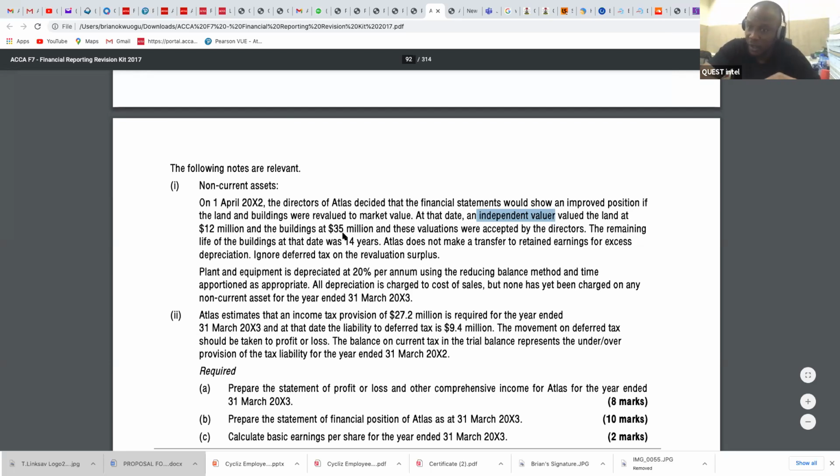If we go back to our conceptual framework, it is about relevance, it is about faithful representation. Those are the two. What are our fundamental characteristics? It must be relevant. It must be faithfully represented. What does faithful representation mean? It must be neutral. It must be free from error. It must be complete.